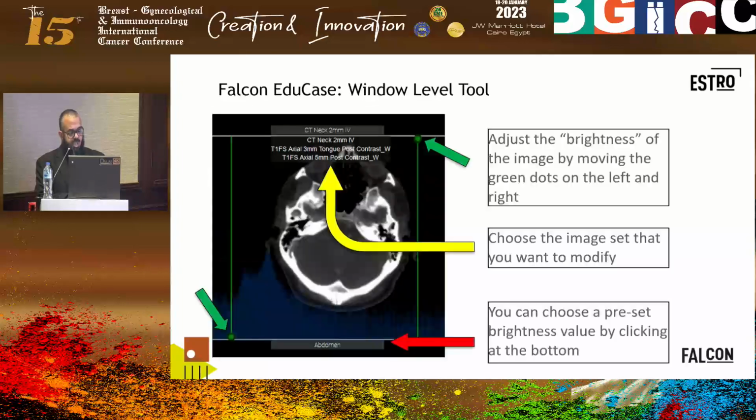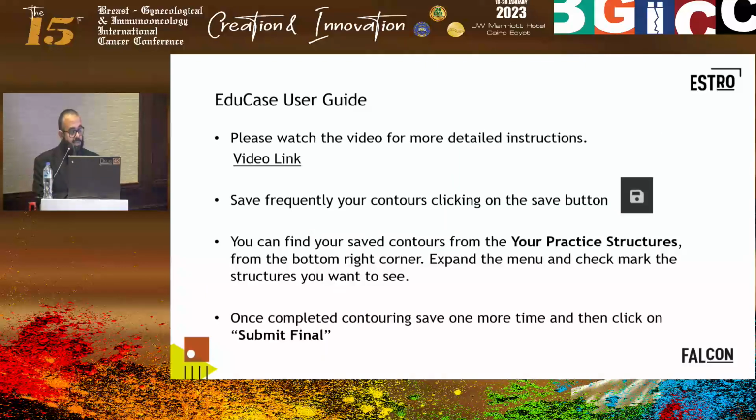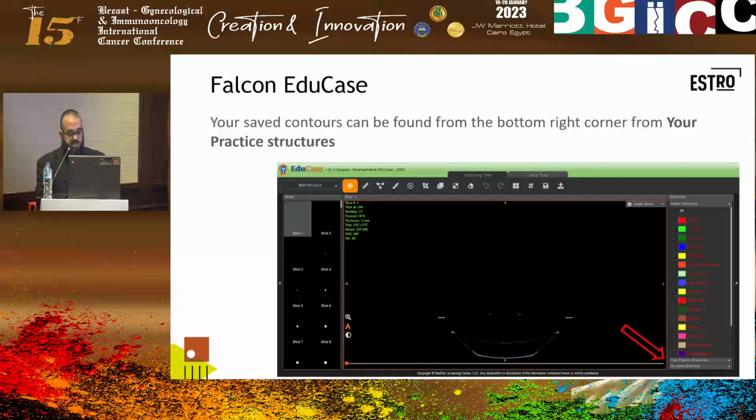Just remember that you can use the window level tools to change from bone window to lung window. You can also go through the guidelines sent to you on how to do the Educase. This is the shape of the program of the Educase, and you will use it for your practice. You can see it in the lower part of the screen.